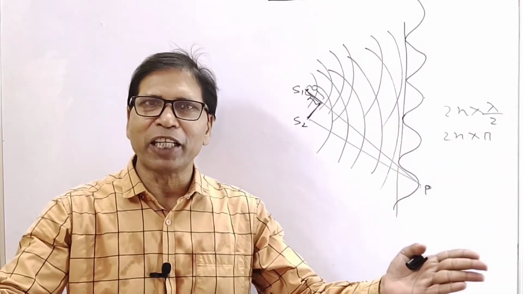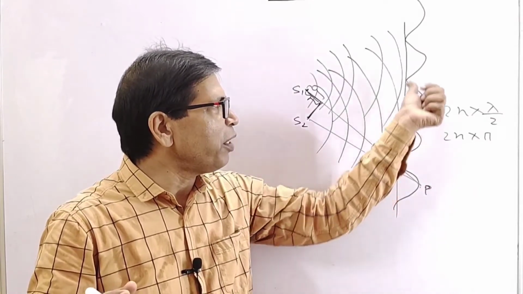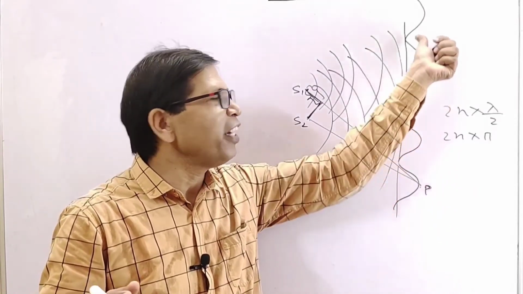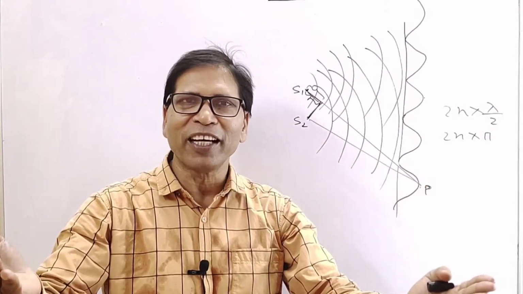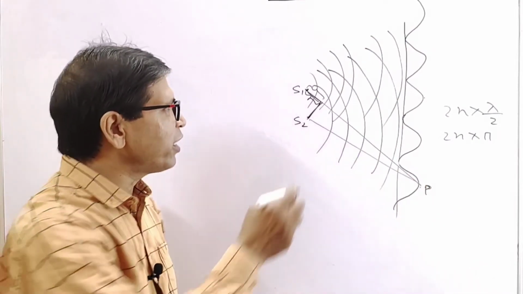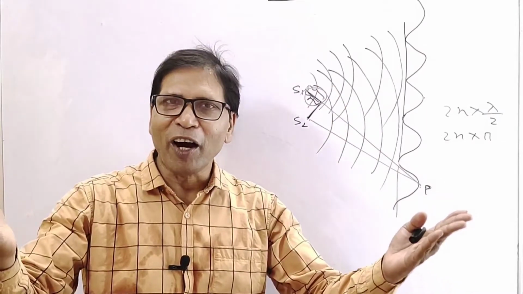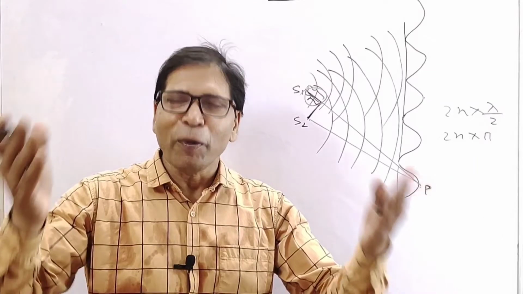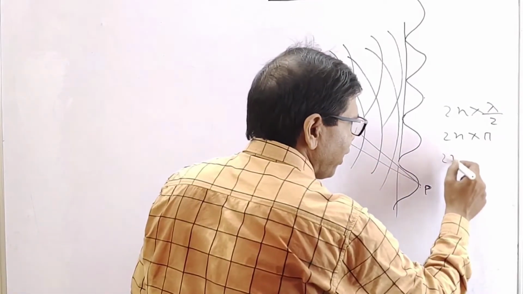Now destructive interference. The phenomenon of producing minimum intensity of interference pattern is called destructive interference, and it occurs if this path difference is an odd multiple of lambda by 2 or phase difference is an odd multiple of pi.